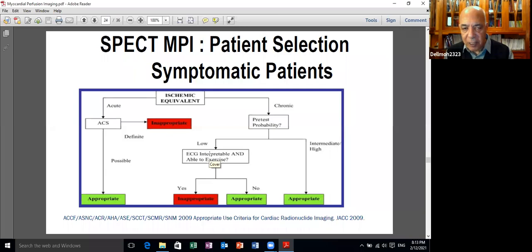From the last time, the non-interpretable ones are those with left bundle branch block, WPW, resting ECG abnormality in the form of ST depression of 0.5 millimeter or more, left ventricular hypertrophy and strain, as well as a paced rhythm. If the ECG is not interpretable because of this and he is low risk, then he goes for imaging. If it's interpretable, then he goes straightforward to the cheap exercise ECG test. So this is the appropriate selection criteria.